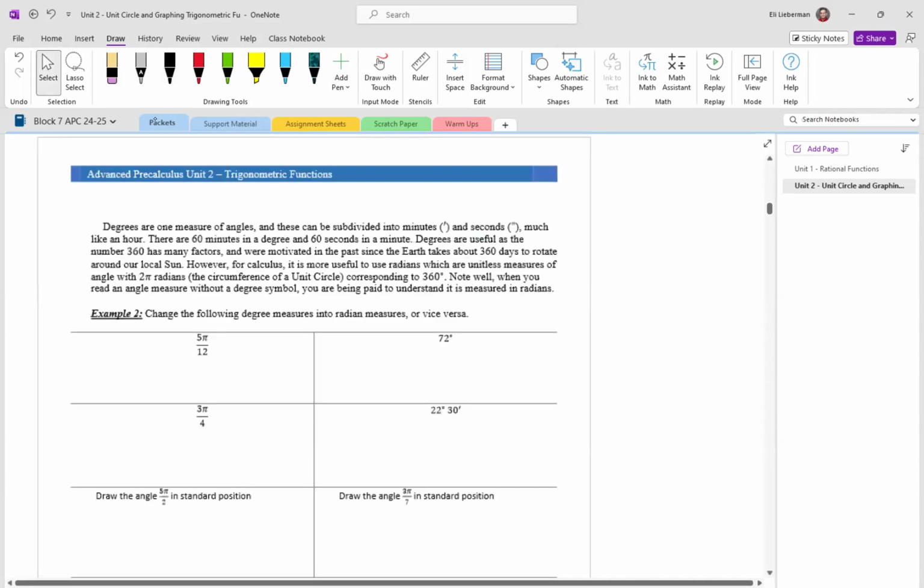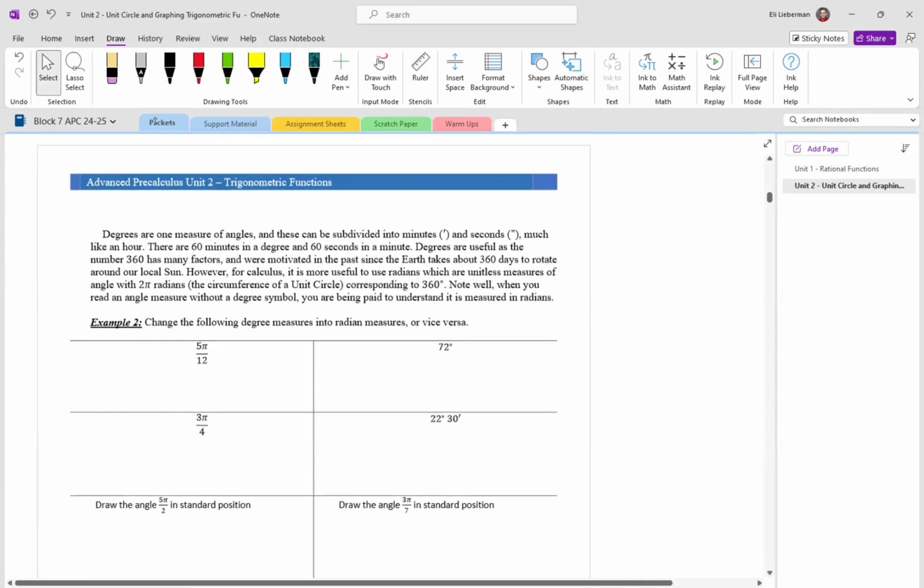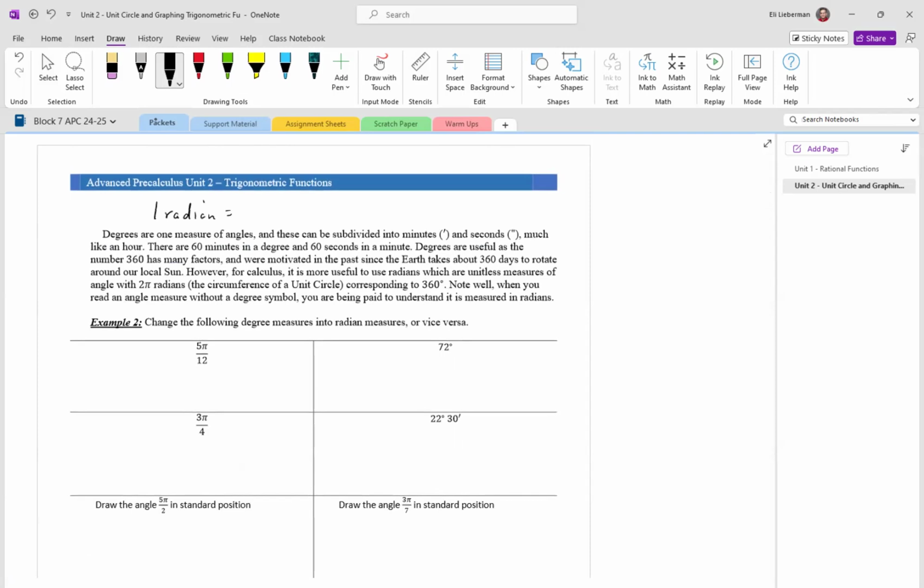Okay, we got radians. The main thing you need to know about radians, for those of you who haven't studied it, is that pi radians is equal to 180 degrees. Does that make sense for those of you who study radians?